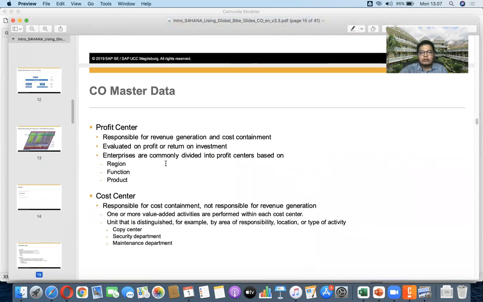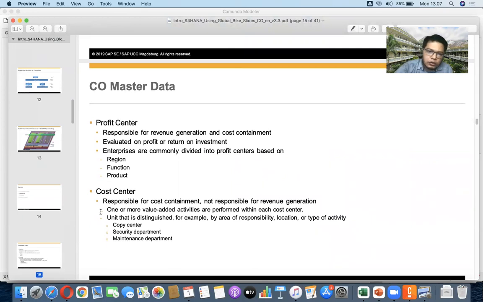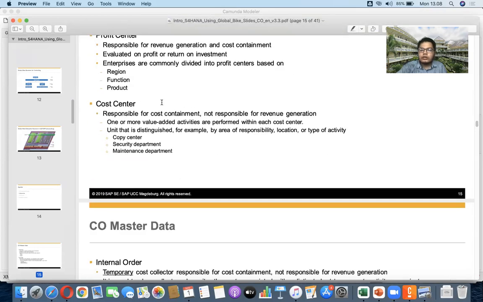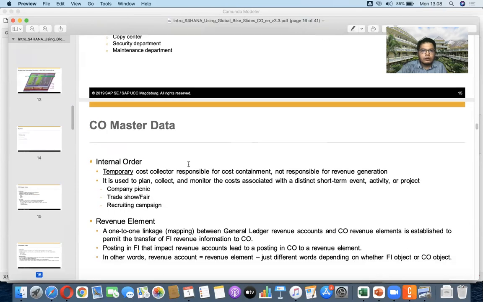As for master data, there is a profit center and a cost center. A department that generates revenue becomes a profit center, so every transaction related to that will be in the profit center, while those that are spending money are in the cost center.